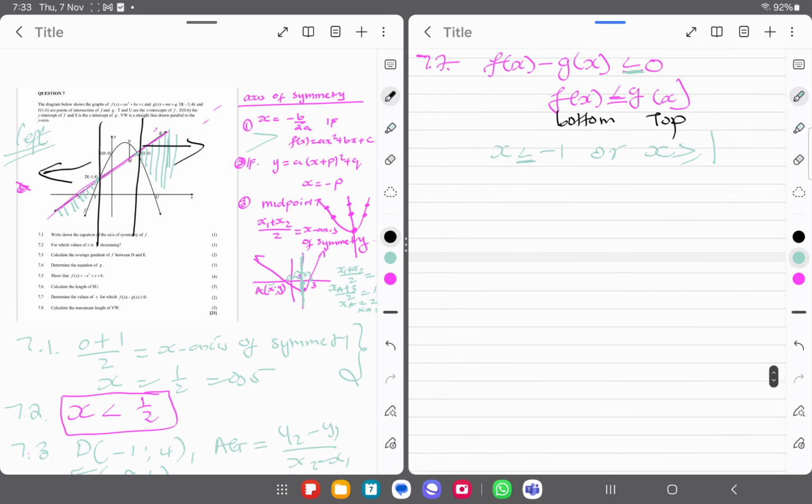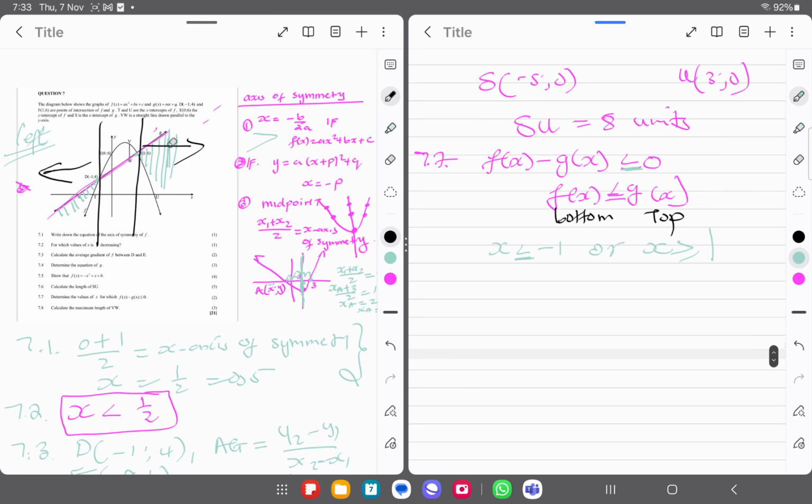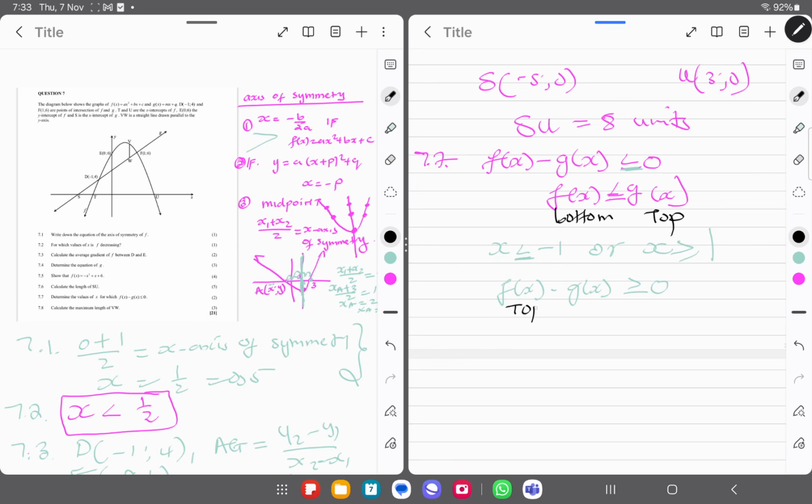Now let me add additional questions here. Let me add, if they asked maybe f of x minus g of x is greater than or equal to 0. Now we are saying f is at the top. Before that I need to firstly move that one to that side.